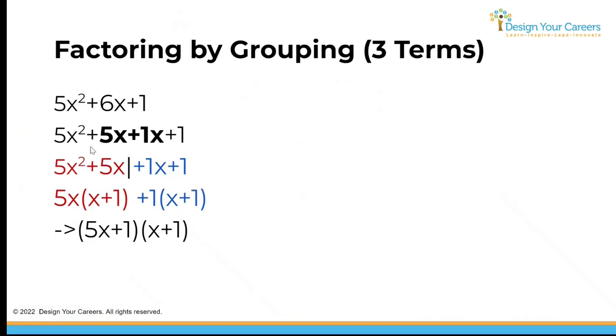So now we have to factor by GCF, right? The GCF for this first half is 5x. So we would factor out the 5x, and we have x plus 1 in the parentheses. Okay, and then for the blue half, there's technically no GCF, right? Because it's x plus 1.